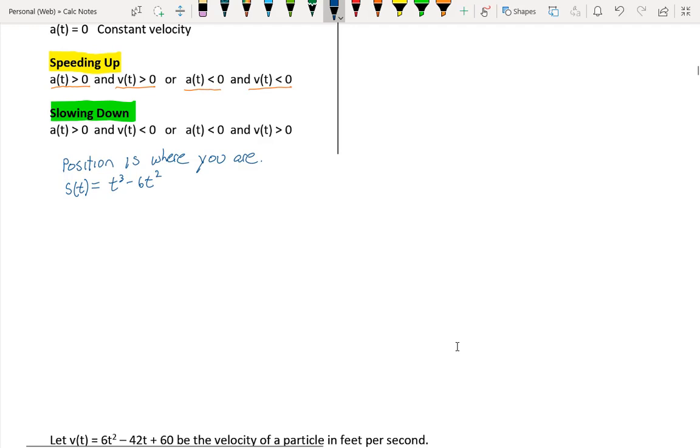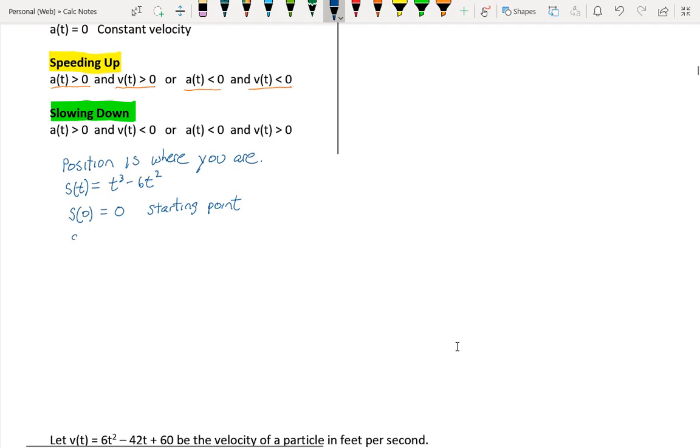So if I plug in 0 to that, you can obviously see I get 0. So s of 0 equals 0. So when I'm at 0 seconds, wherever I am, this is my starting point. That starting point may not be 0. It might be something else. It might be 4 or 6 or 8 or something like that. So at 0 seconds, I'm at 0 according to my position function.